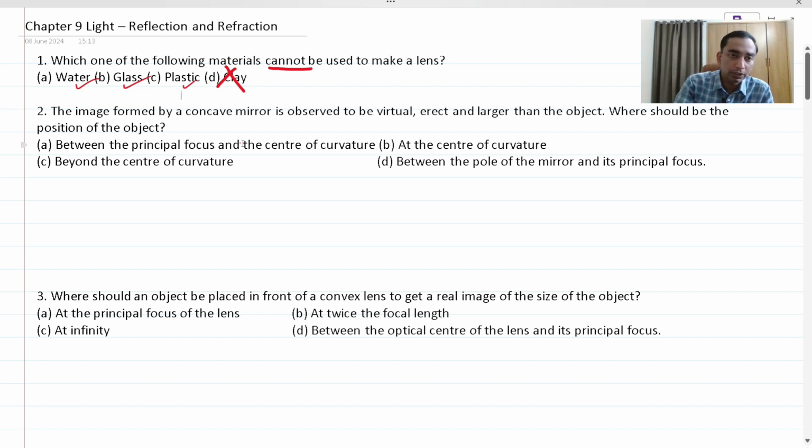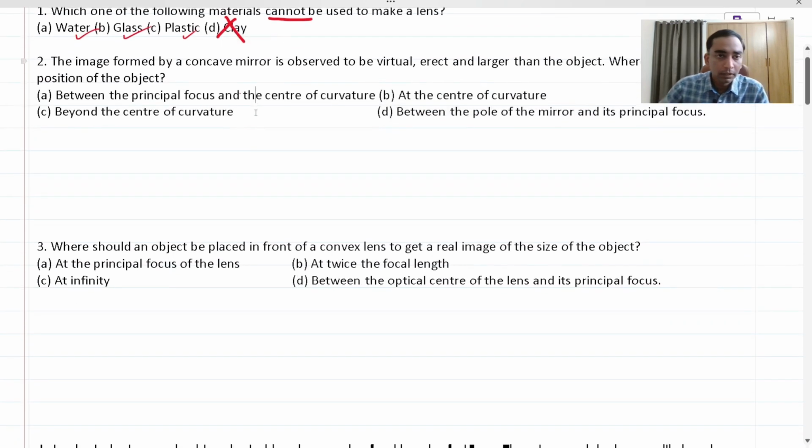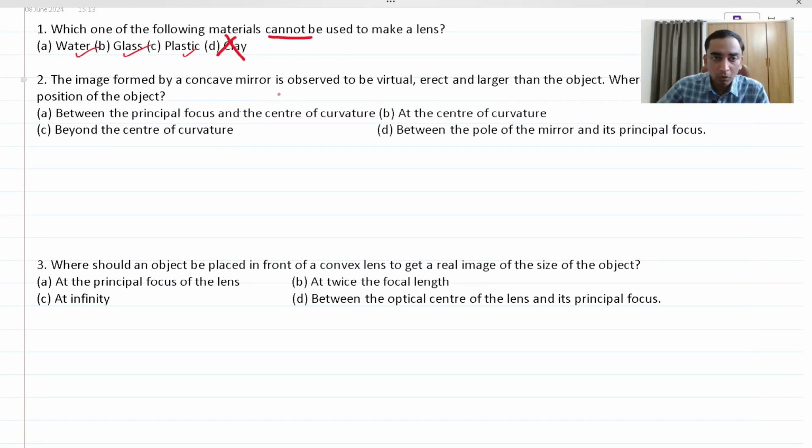Now the next question states that the image formed by the concave mirror is observed to be virtual, erect, and larger than the object. And of course this is only the case when you have the mirror like this, and this is R, this is the center of curvature, this is the focal length at half the distance, this is the pole.